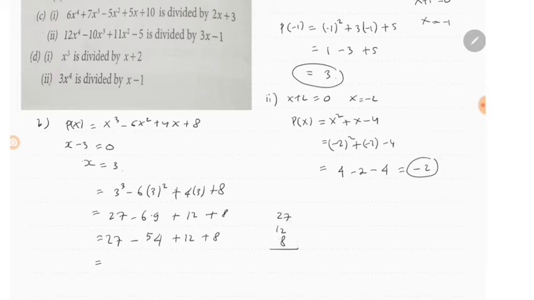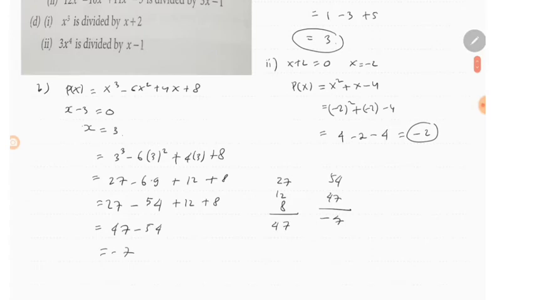So you have 27 plus 12 plus 8, which is 47. Then 47 minus 54. So 54 minus 47 is 7, negative. So you have negative 7. So our remainder for (b)(i) equals negative 7.